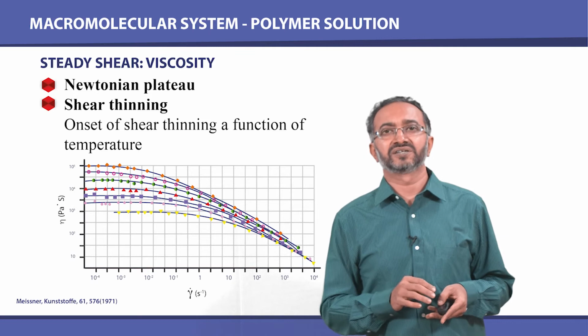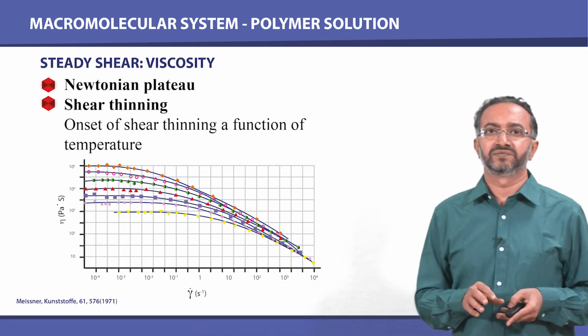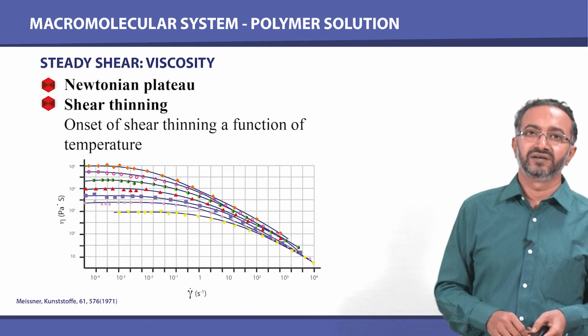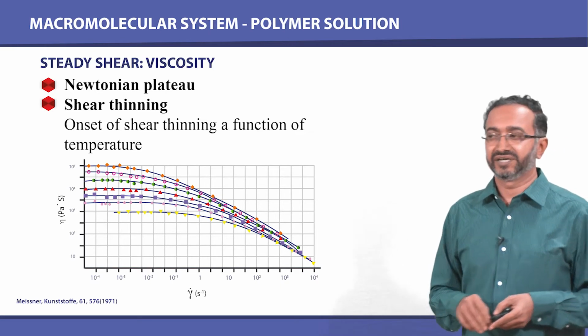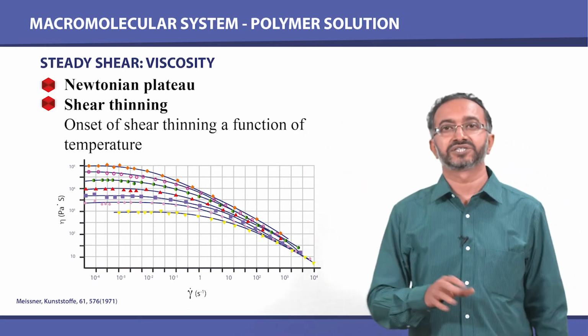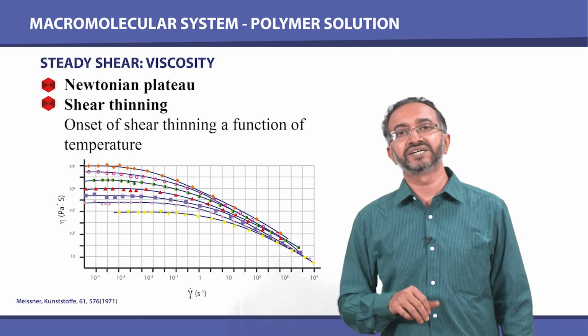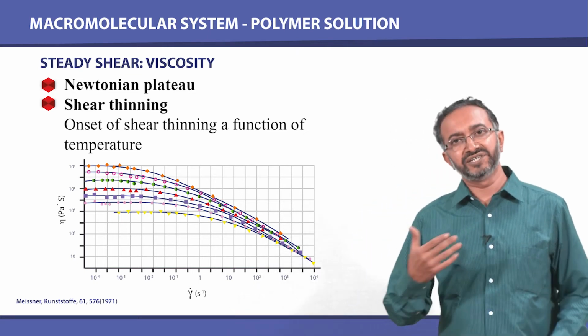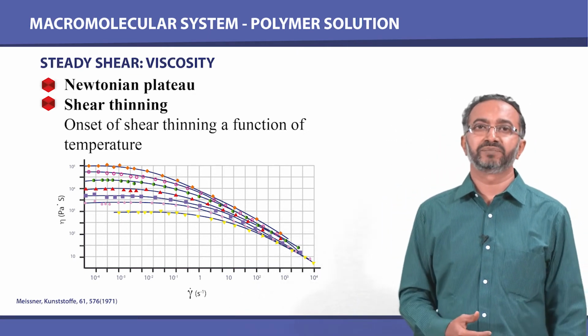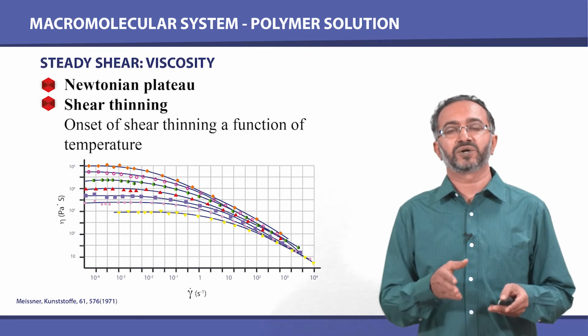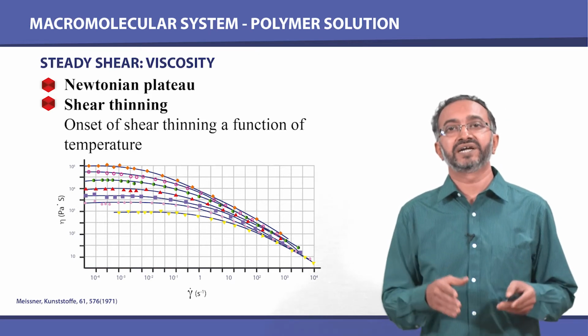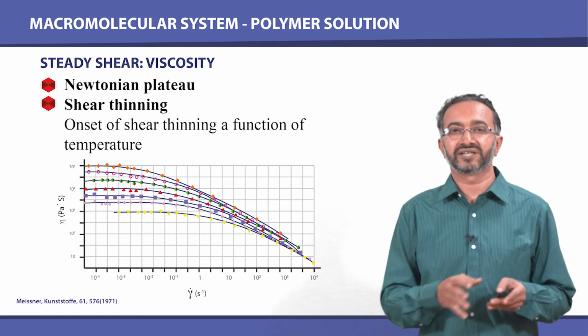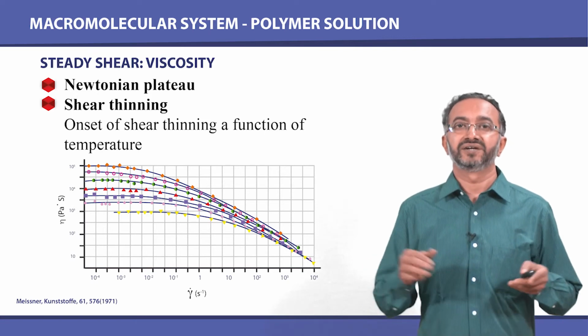So, let us start with looking at viscosity, which is measured in steady shear for a polymer melt. The data shown here are for a commercial polyethylene melt, and when we say it is a commercial polyethylene melt, basically what that implies is that the molecular weight of the molecules in this melt will be different.